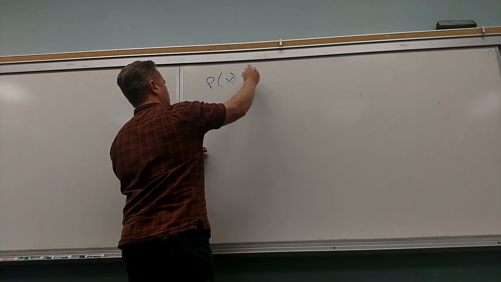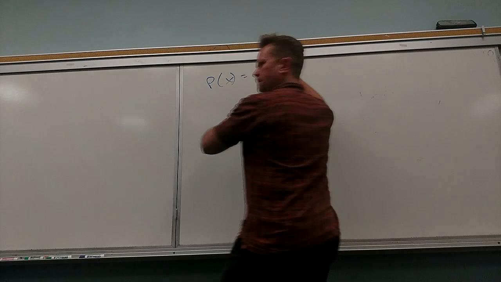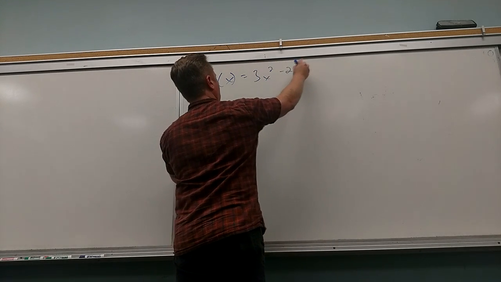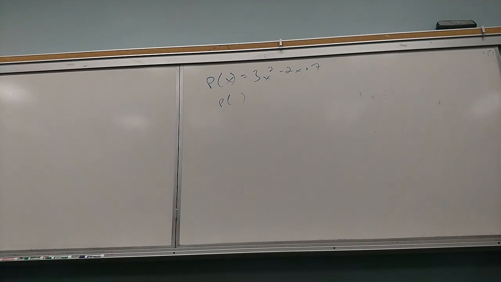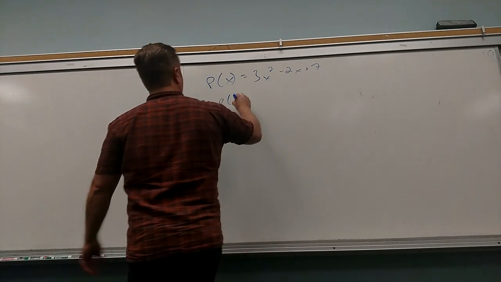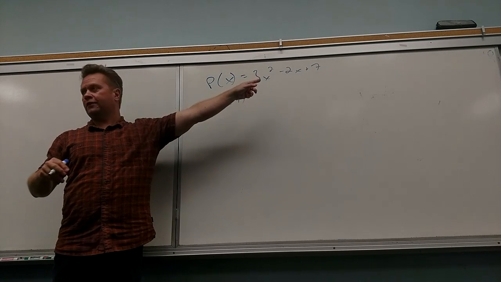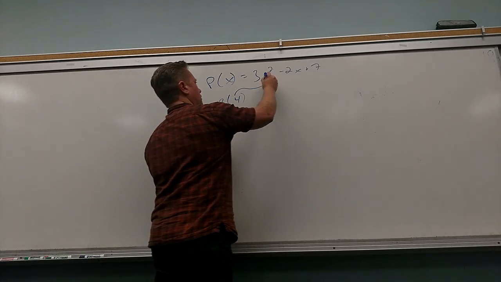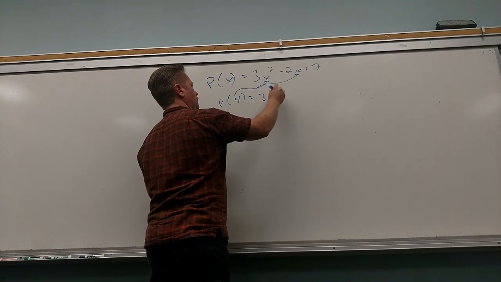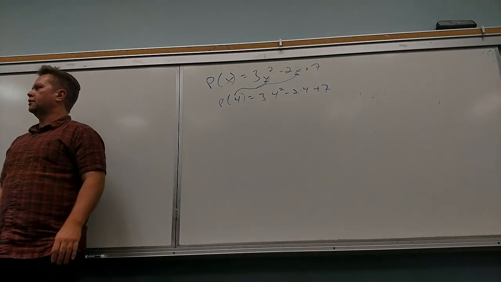They give you P of X, 3x squared minus 2x plus 7, and then they ask you what's P of 4. If P of X is that stuff with an X in it, what's P of 4? It's just reminding you what function notation looks like: 3 times 4 squared minus 2 times 4 plus 7. Do the same thing with 0 for P of 0.